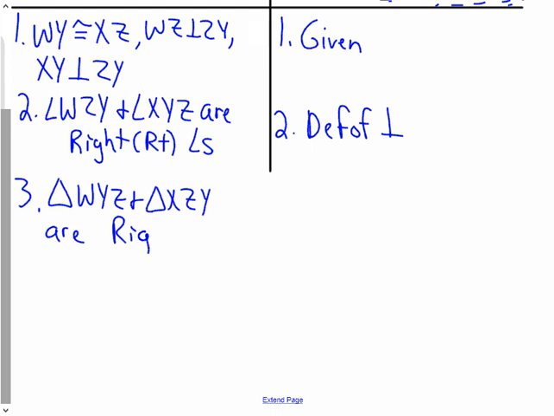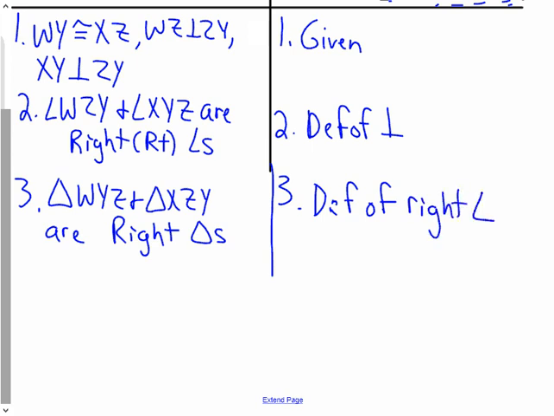So this is a little different, right? Instead of talking about angles congruent, we're talking about right triangles. And now we need to check that we have hypotenuse and leg. But this was by definition of right triangles. Right, we got right angles, and right angles are what makes something a right triangle.